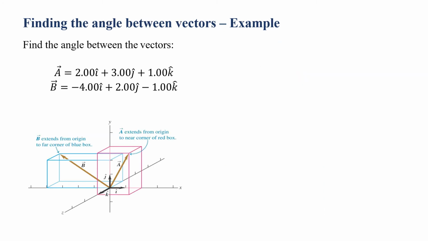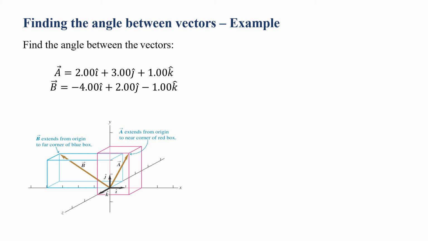Let us have another example of your scalar product, but this time this is about finding the angle between two vectors. So find the angle between the two vectors a of 2i hat plus 3j hat plus 1k hat and b of negative 4i hat plus 2j hat minus 1k hat.